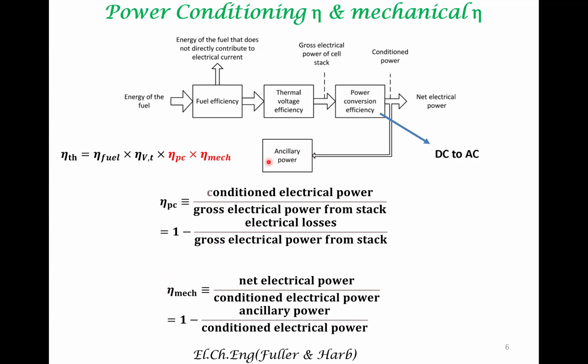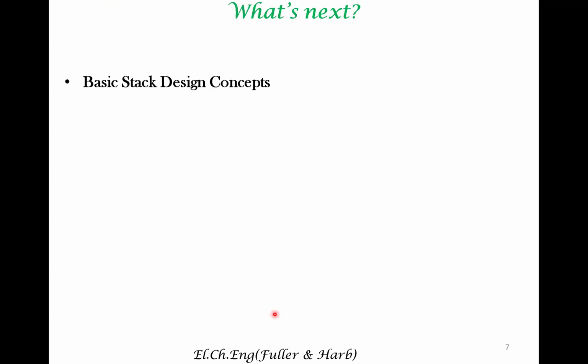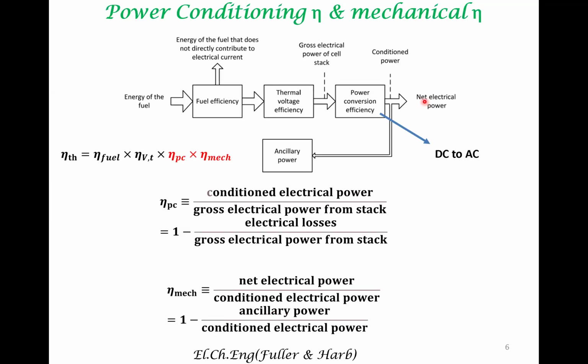Then, as I said, part of that AC power is supplied to the auxiliary power. So in a way, this is being used internally by the fuel cell system. So typically, this is used for running mechanical pumps and so on. Therefore, we indicate the power that goes into that using eta mech, indicating eta mechanical. So that is the power that goes into the mechanical devices, indicated by auxiliary power. So when you subtract that out, you get the net electrical power.